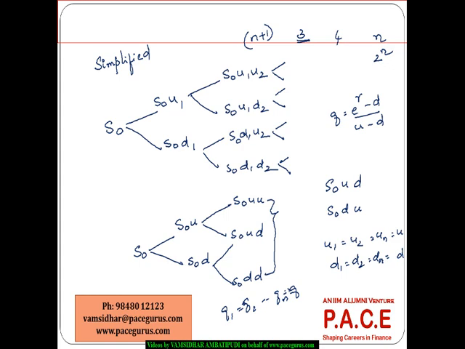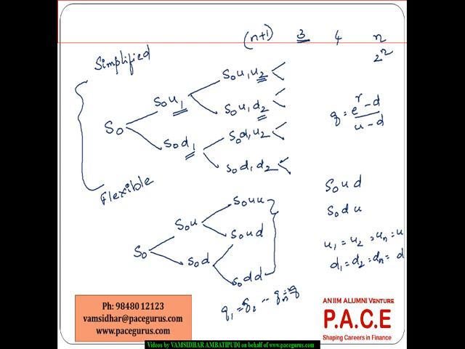But let's try to understand that a typical model like this, though it is complex, is very flexible because I can change the U's at each of the periods. I can change the D's at each of the periods.